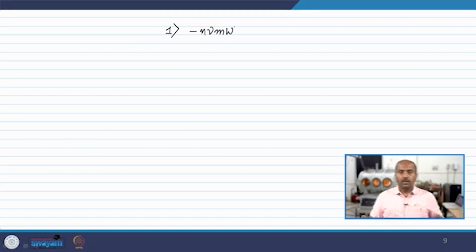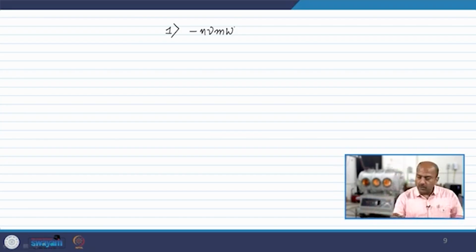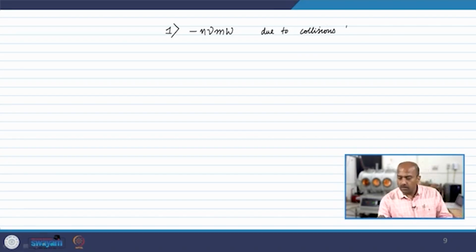Number one, let us say we take minus N m nu W. I have given the minus because it is exactly opposite in direction to what the major gas species will encounter, because there is equal and opposite reaction due to collisions between J and N. J is the major species, N is the minor species.